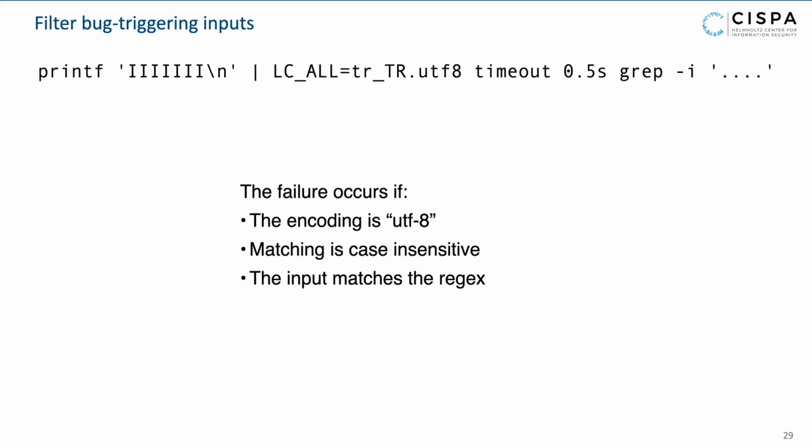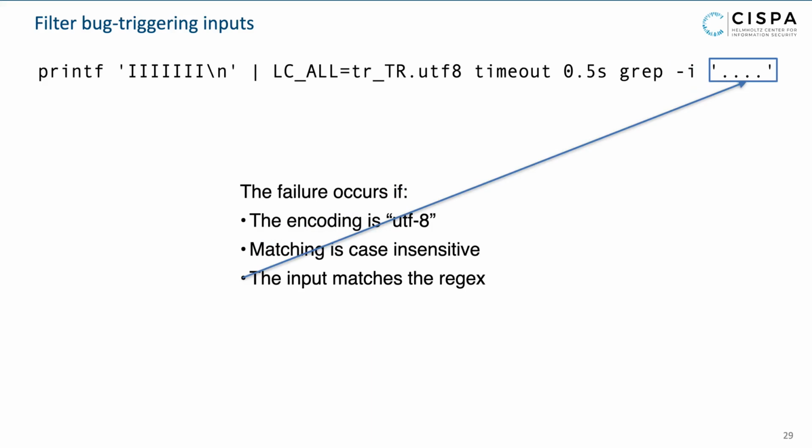While we have high accuracy on all bugs, there is an interesting outlier. In this case, grep creates additional characters in the output. The failure occurs if the encoding is UTF-8, which is done by setting this environment variable. The matching is case insensitive, which is done with the option -i, and the regex matches the input.